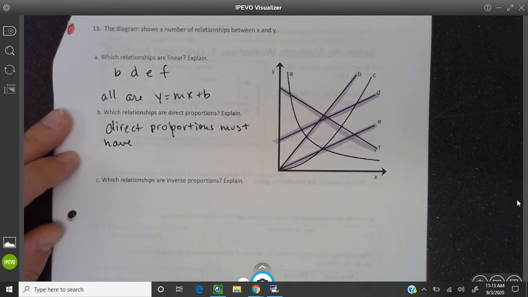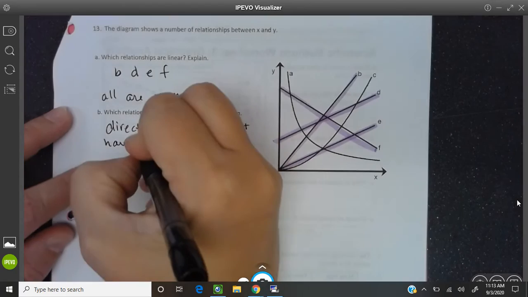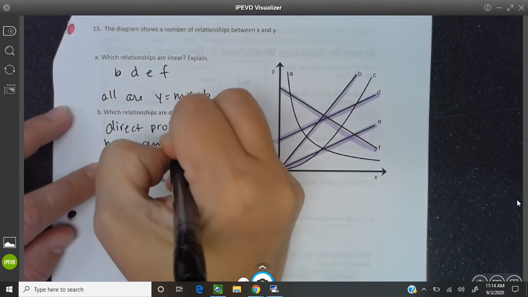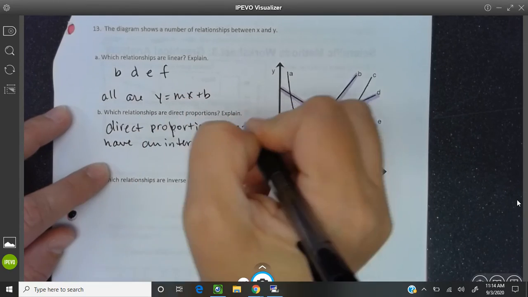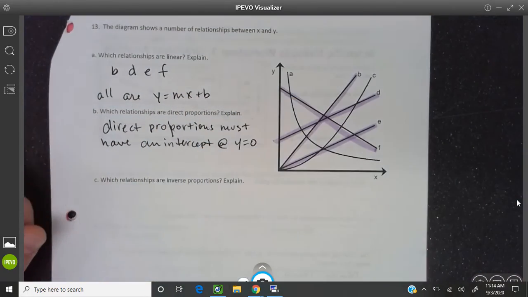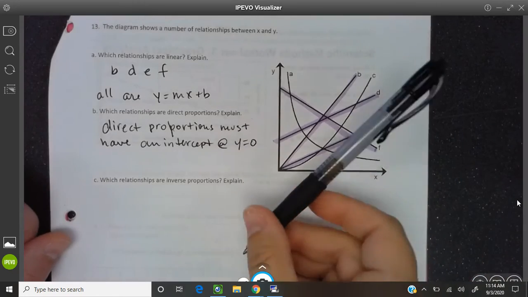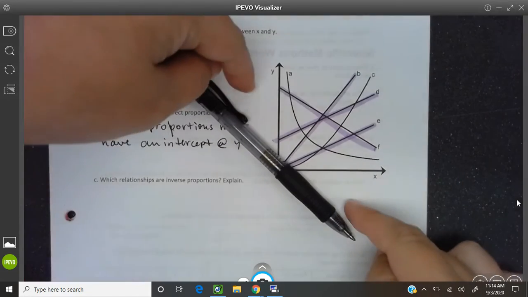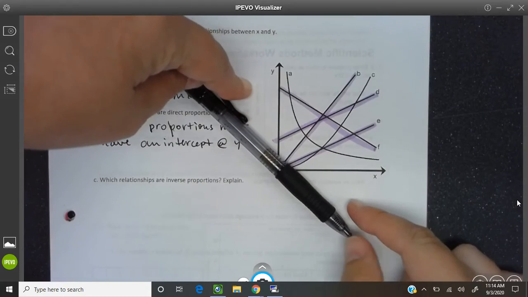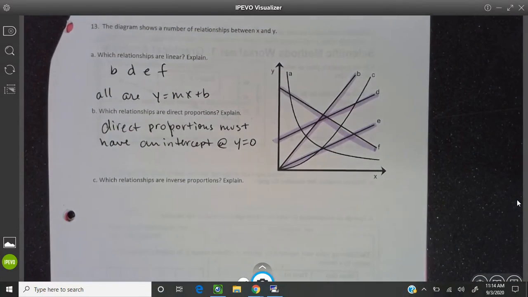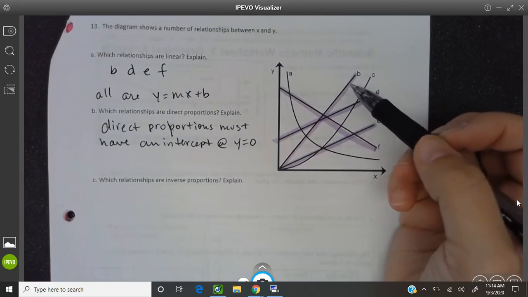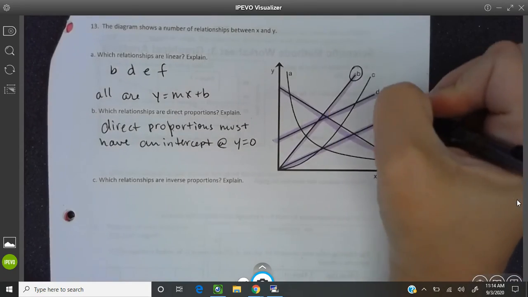Not necessarily, but they might. They have to go through the origin. So they have to have an intercept and y equals 0. So, Ethan, your comment, the ascending or descending, it can be descending as long as it was in either of these quadrants and still go through the origin. So yes, but only in the first and third quadrants. So the only ones that are direct proportions are going to be B and E.